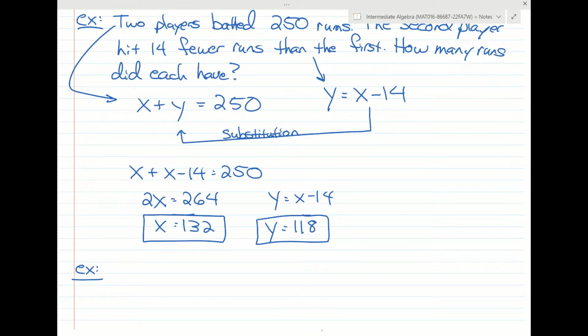Another typical kind of problem is with a show and with tickets. So let me show you what this looks like. To go to a show, adults and children buy tickets.